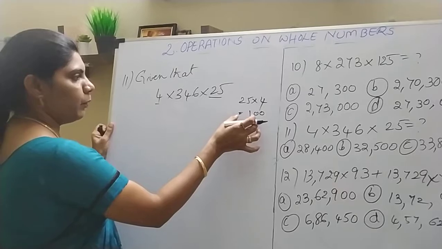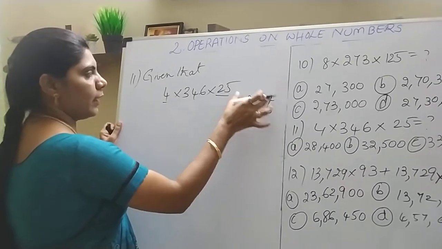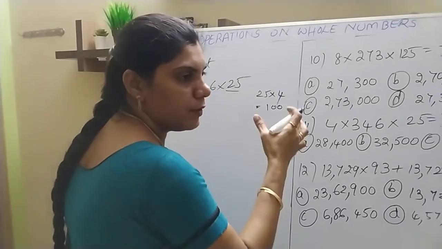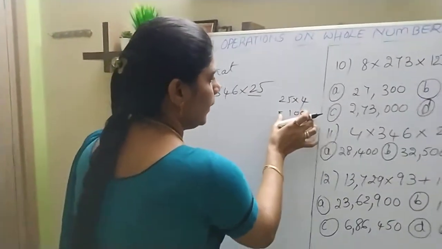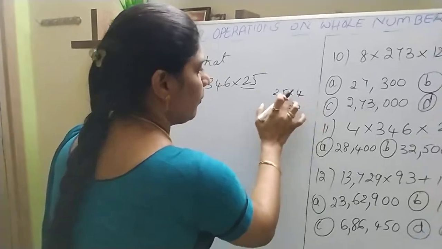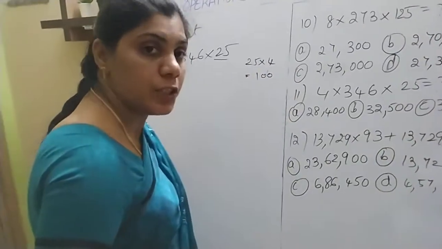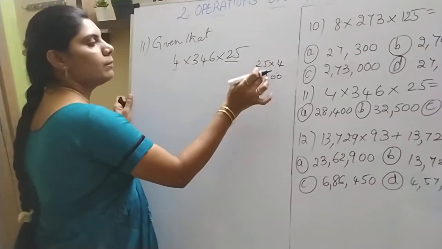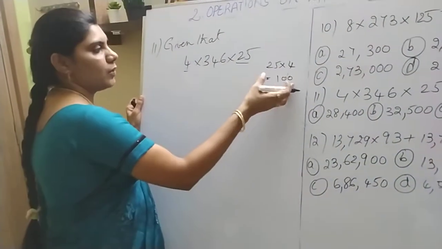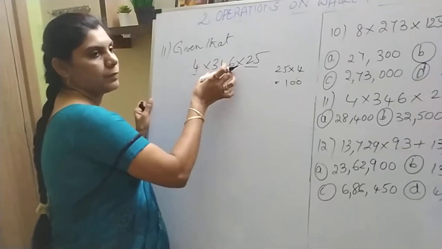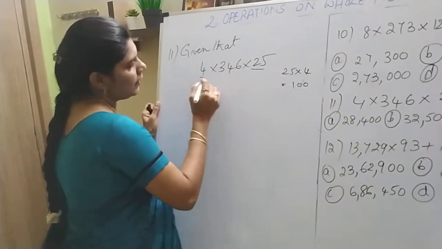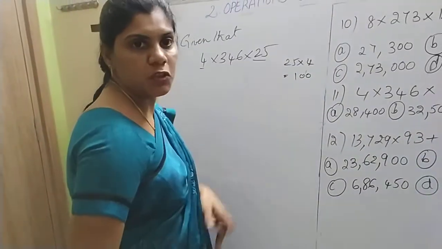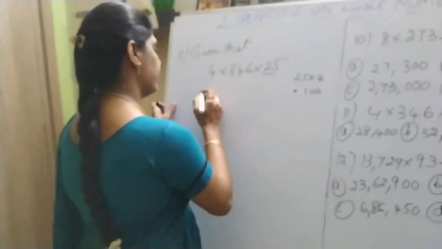So in a simple way, any two numbers you multiply, if they give multiples of 10 or multiples of 5, that we have to check first. Here if you do 25 into 4, you are getting 100. So simply by multiplying with 100, your calculation will be easier. In one step you can get that one. Here also I am applying commutative property of whole numbers.